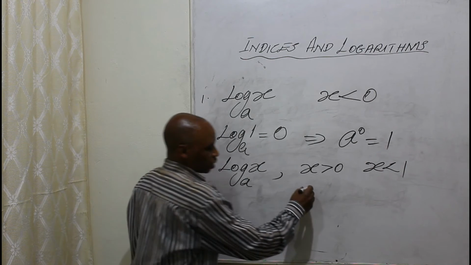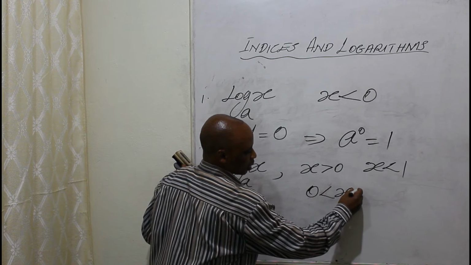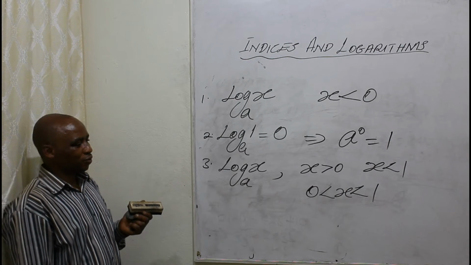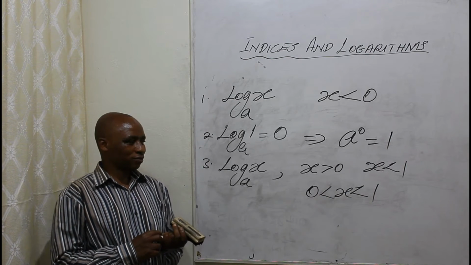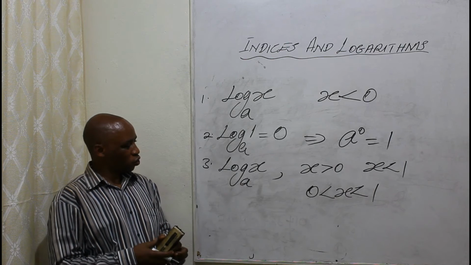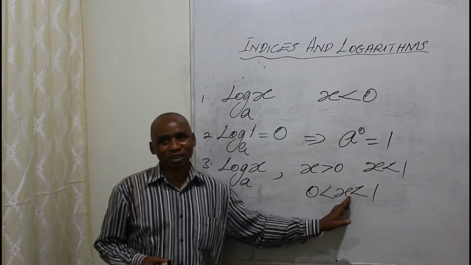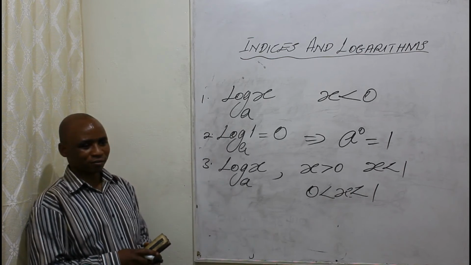In effect, it is supposed to be 0 less than x and x less than 1. You always get a proper fraction. So any logarithm of a proper fraction will always give you a negative figure.